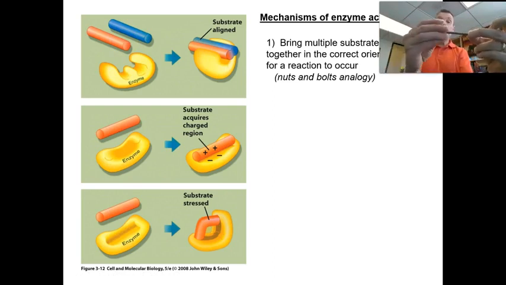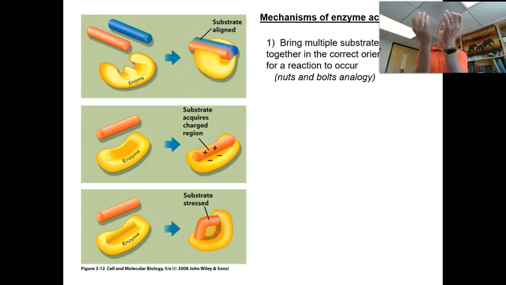So basically what the enzyme is doing is helping maintain that orientation, helping bring them together. You can almost think of an enzyme as having two binding pockets that perfectly bring the two reactants, the substrates, together so that they can react, right?